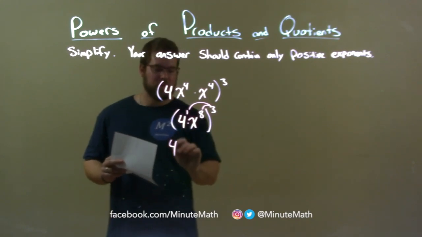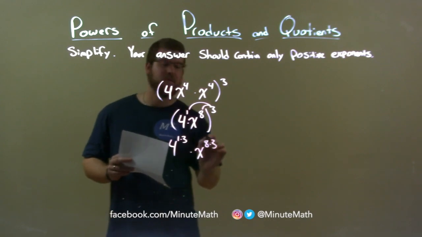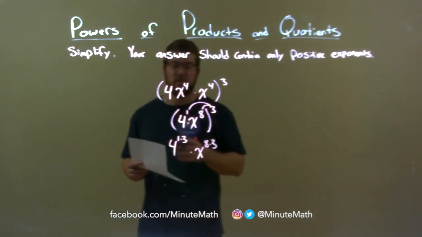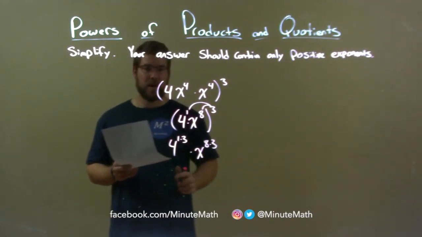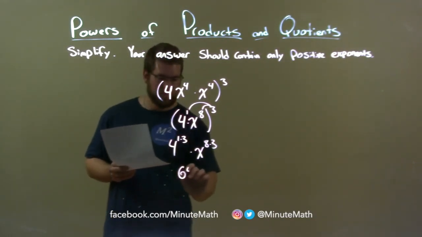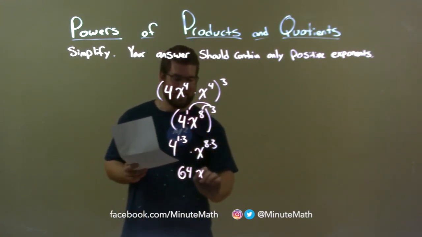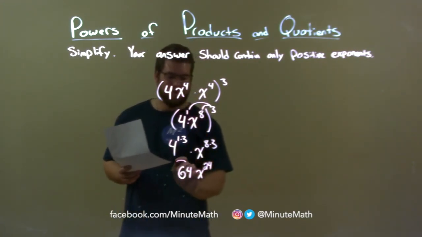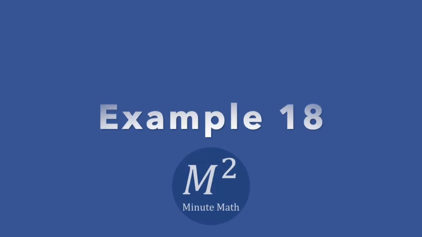So now we have 4 to the 1 times 3 power times x to the 8 times 3 power. So let's simplify. 1 times 3 is 3, and 4 to the 3rd power is 64. Okay? 8 times 3 is 24, so we have x here to the 24th power, giving us our final answer, 64x to the 24th power.